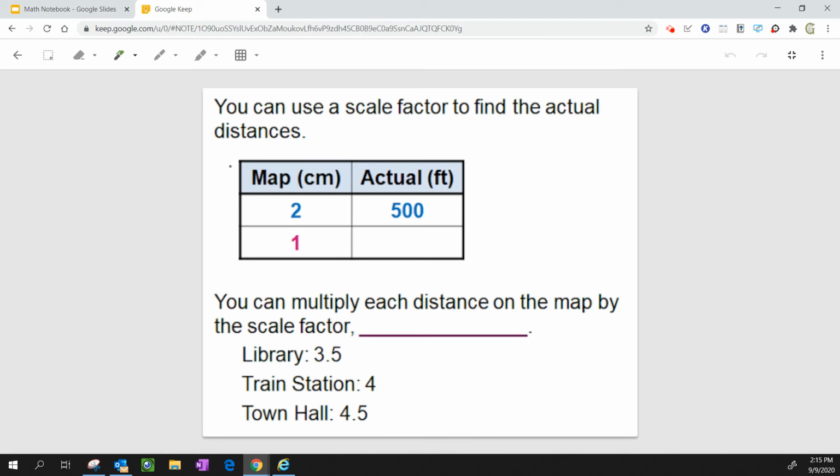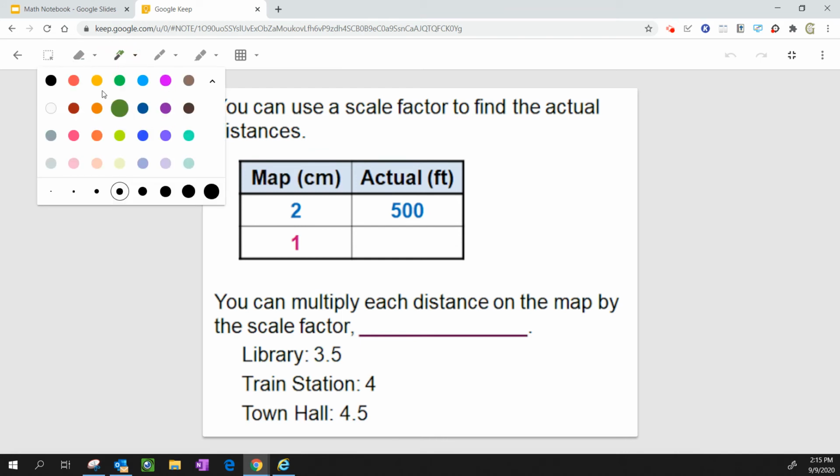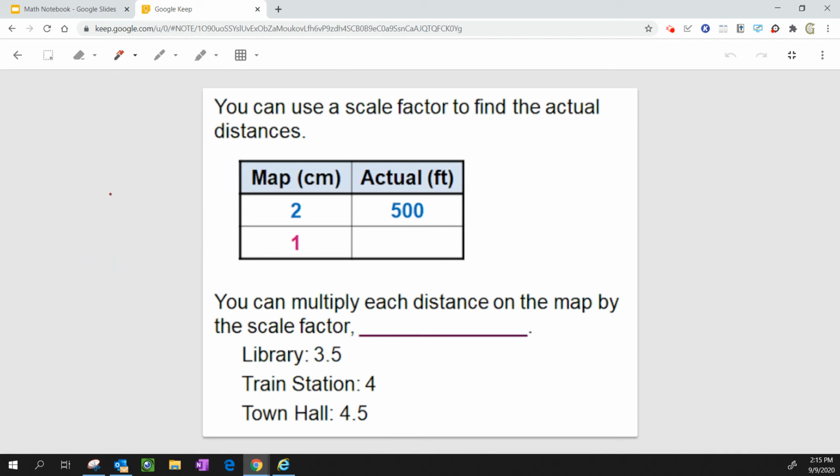And here I go. So we're going to start with scale factor in the same way that we started with the double number line. We're always trying to get down to that 1 so that then we have that 1, we can just use the other number that's there. So just like we did before, it's 2 centimeters for 500.